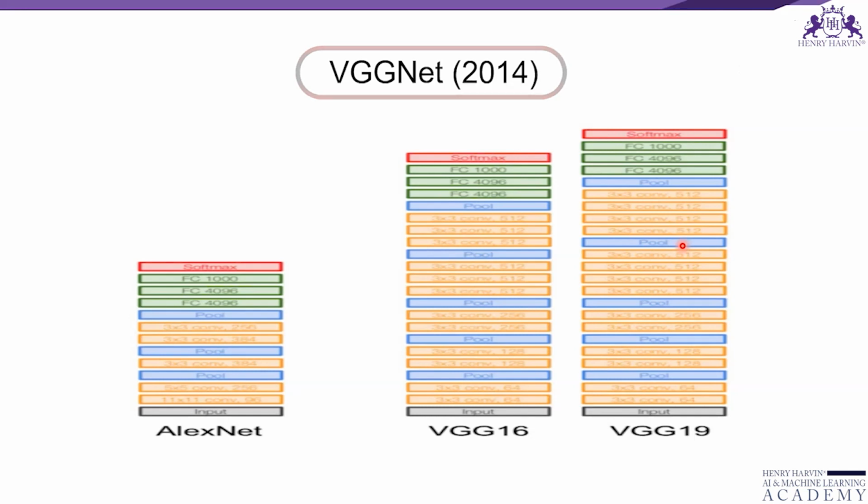For a shallow network, parameters are randomly initialized. The weights are sampled from a normal distribution with mean 0 and variance 0.01, and the bias is initialized to 0. For deeper networks, the first four convolution layers and the three fully connected layers are initialized with the parameters of the A network.